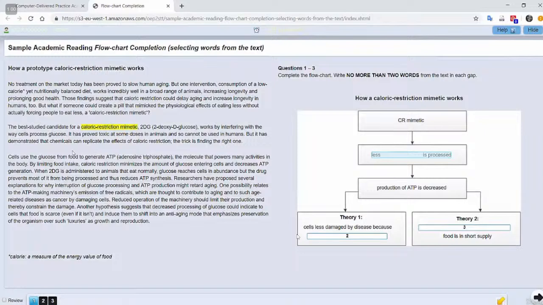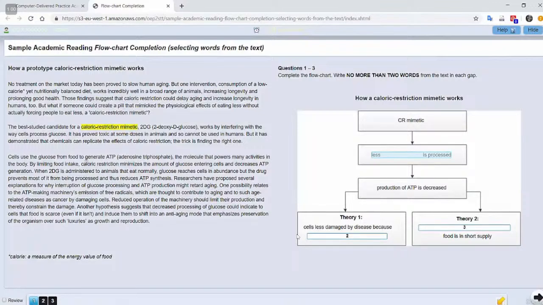All right, so let's see. The best study candidate for a caloric mimetic works by interfering with the way cells process glucose. Okay, here it is right here. I see it.